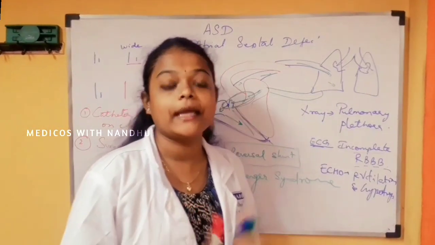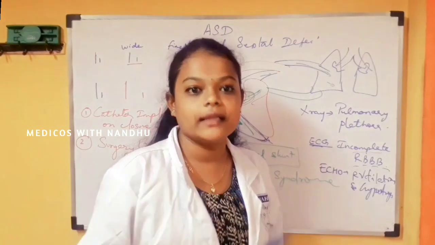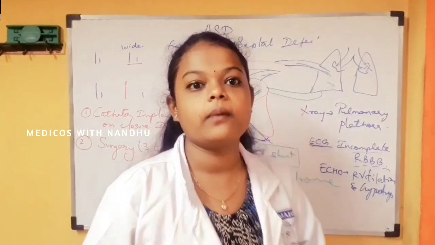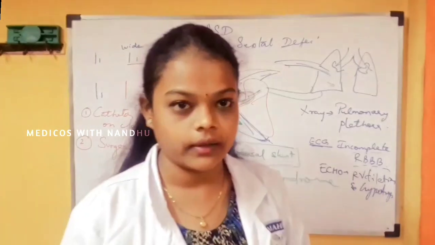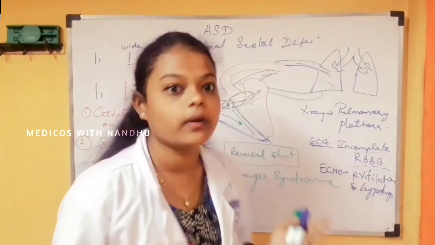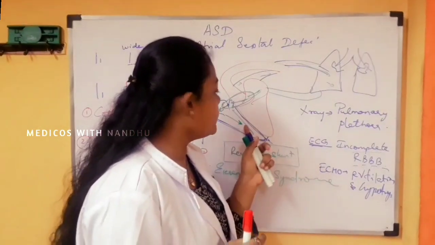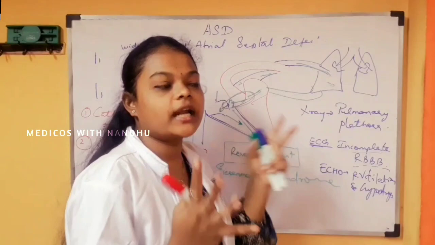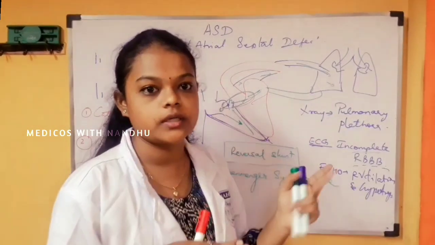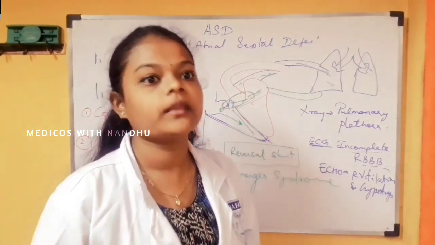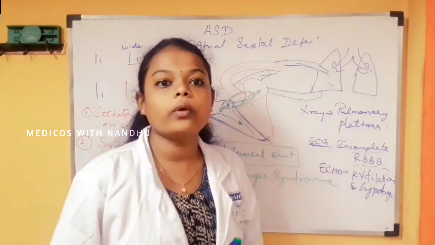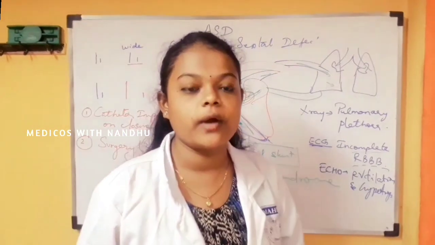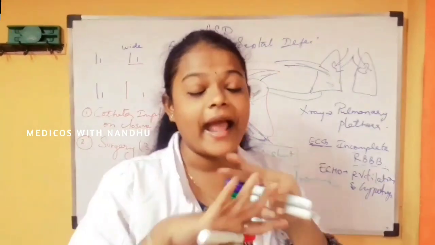So this is ASD, and in the next video I will be talking about VSD, ventricular septal defect, where the shunt between the left and right ventricle is known as VSD. That's it. We can read more about VSD in the next video. I will see you. Okay, until then, bye.